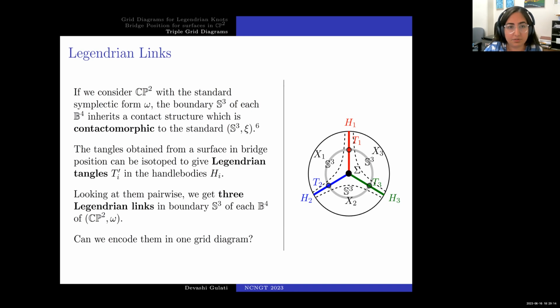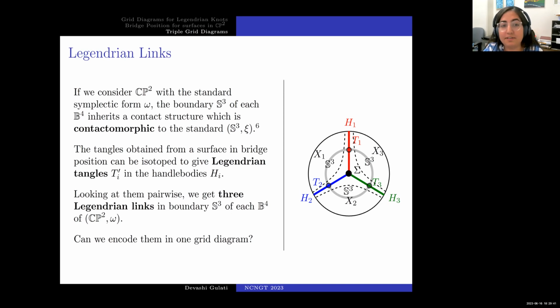If we consider CP2 with the standard symplectic form, the boundary S3 of each B4 inherits a contact structure. And not only does it inherit a contact structure, this contact structure is contactomorphic to the standard contact structure on S3. The tangles obtained from the surface in bridge position can be isotoped to give us Legendrian tangles in the handlebodies.